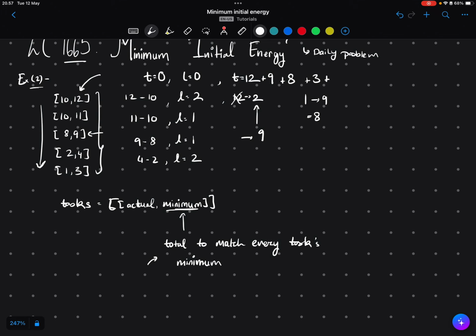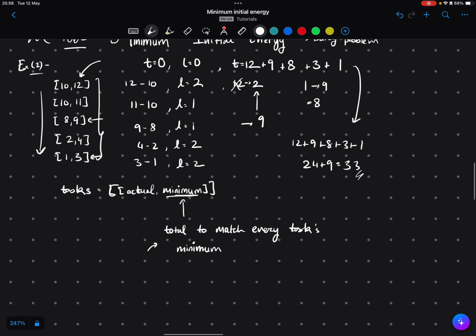Then we will have to borrow 1 because we need to reach 3. We have 2 left over, so all our tasks are done. At the end we consider this total: 12 plus 9 plus 8 plus 3 plus 1. So 8 plus 12 is 20, plus 9 comes to 29, and the answer is actually 32.